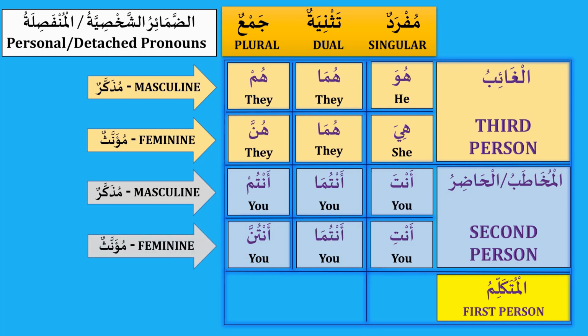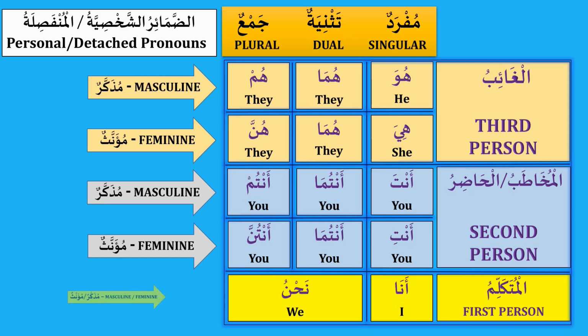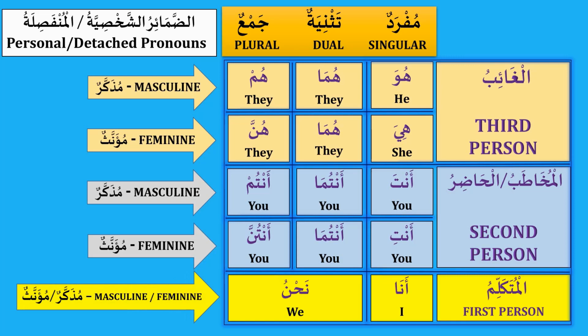And these are muannath, feminine. And lastly, we have al-mutakallim or first person. Ana, for both masculine and feminine, and it is singular. And nahnu is for dual and plural, and it is mudhakkar and muannath, masculine and feminine. Both ana and nahnu must be used for both genders, masculine and feminine.